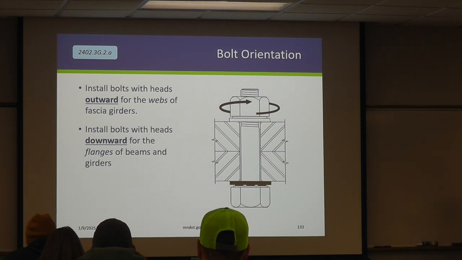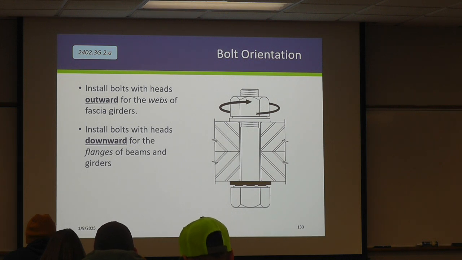And that's on your webs, because their bolts are going to be oriented horizontally. When you install bolts in the flanges, we want the heads facing down. And that's primarily because if some of these bolts are not tensioned properly, they can vibrate themselves loose.